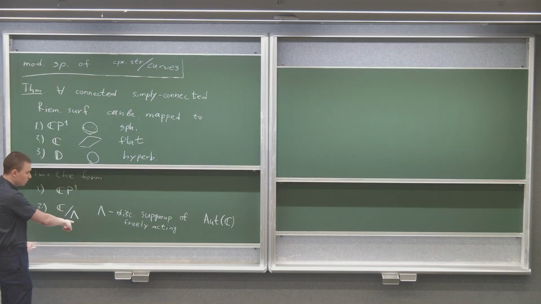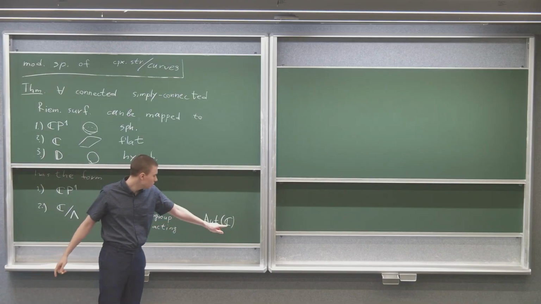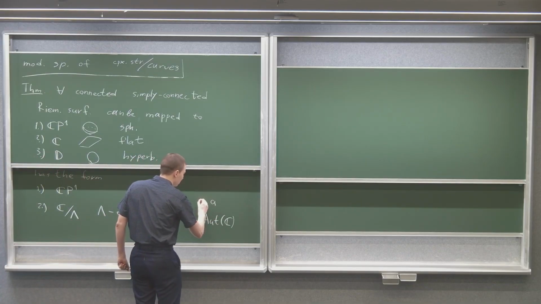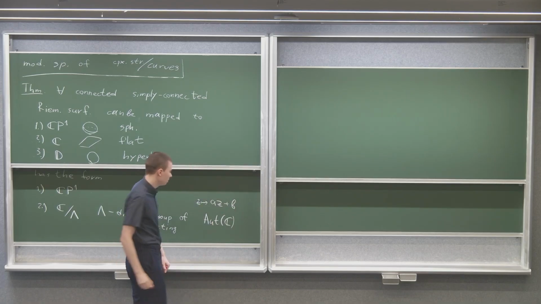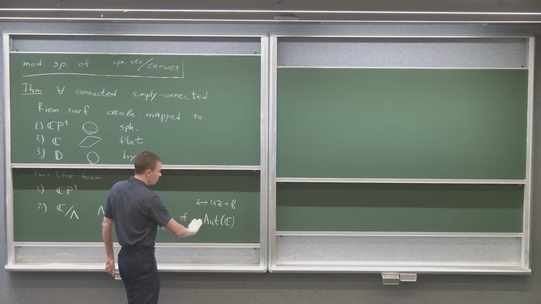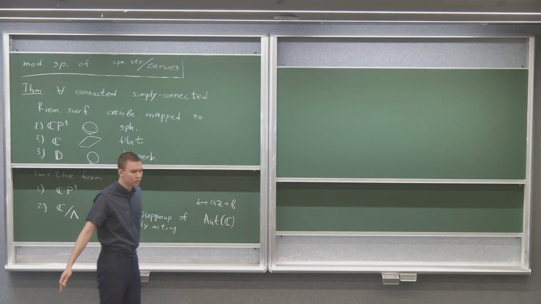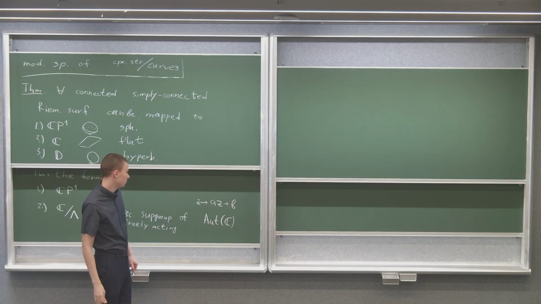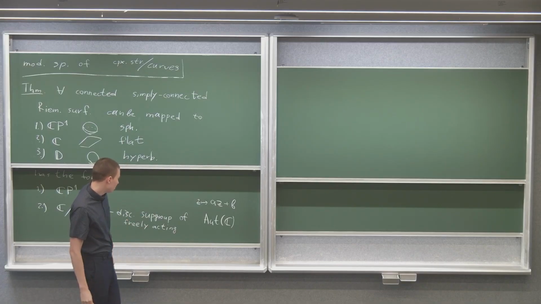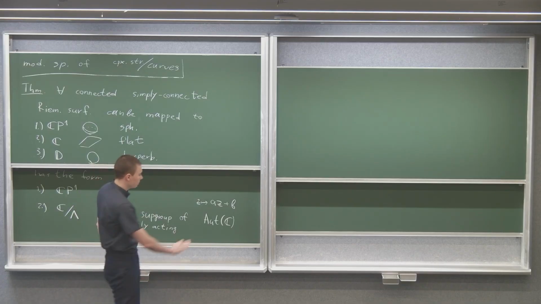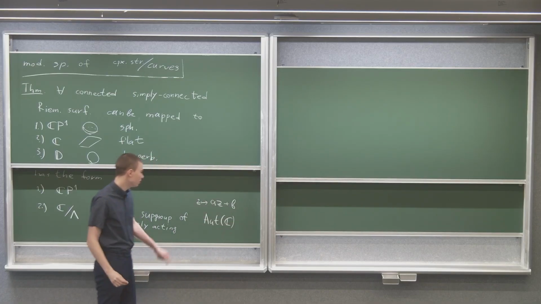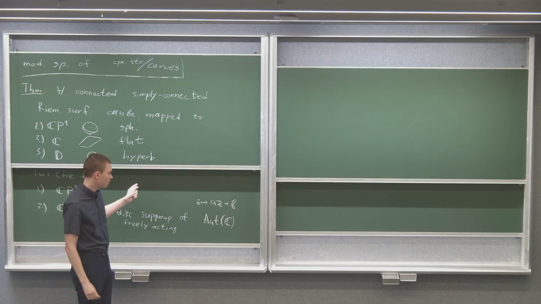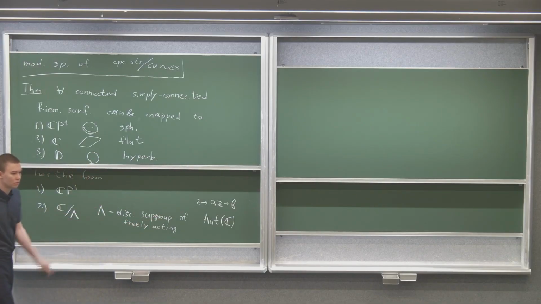But in automorphisms of C, which are of the form z goes to Az plus B, we can see that if, for example, A is equal to 1 and B is non-zero, then this is indeed a free action.